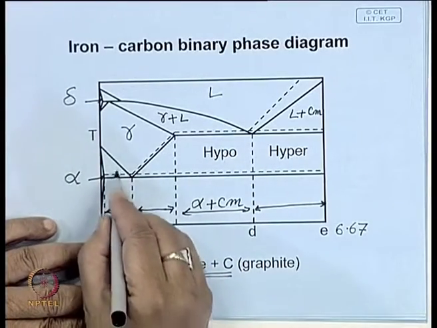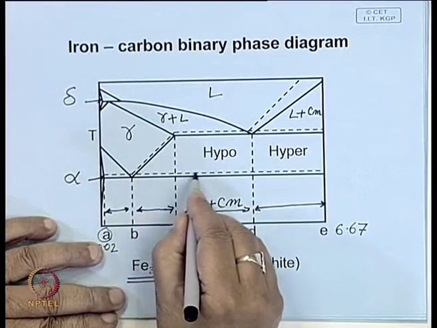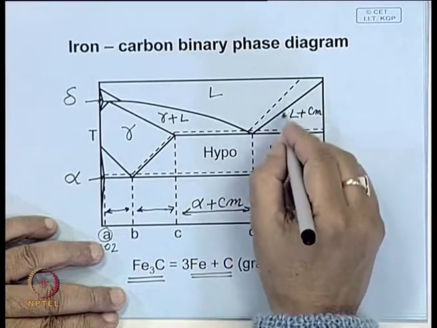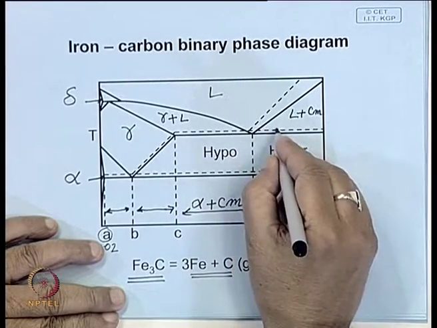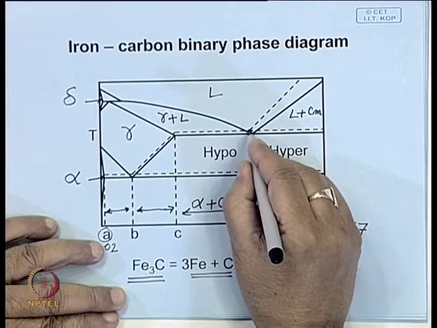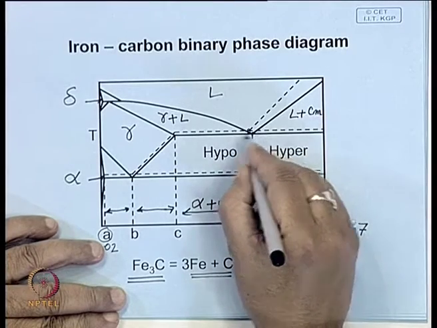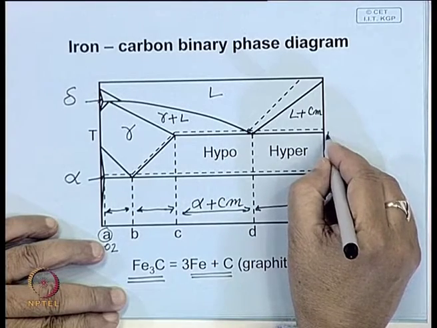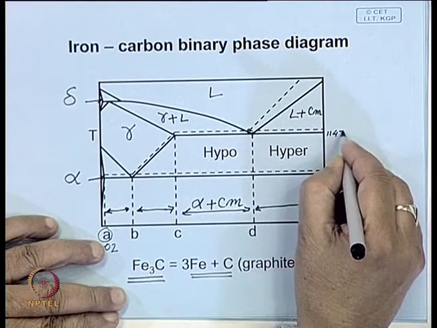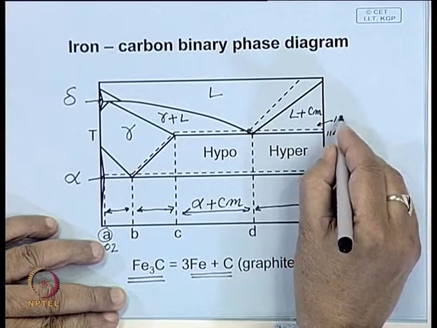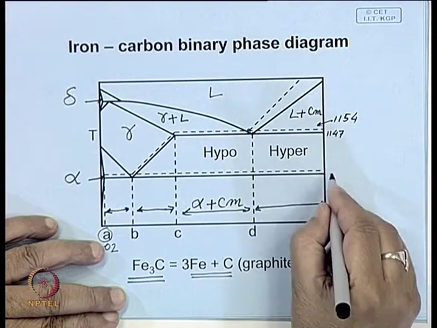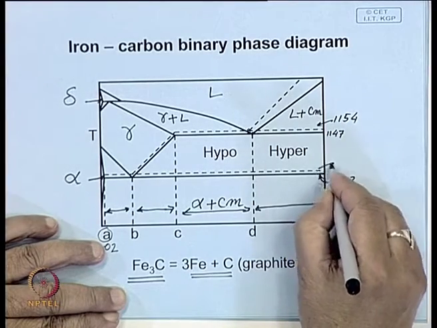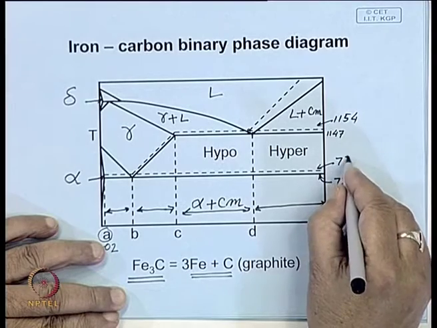And in this diagram we have certain dotted lines, which are the equilibrium lines. The eutectic temperature is slightly different, maybe 10 degrees higher than this. Say it is 1147, this is 1154, this is 723, this is around 734.